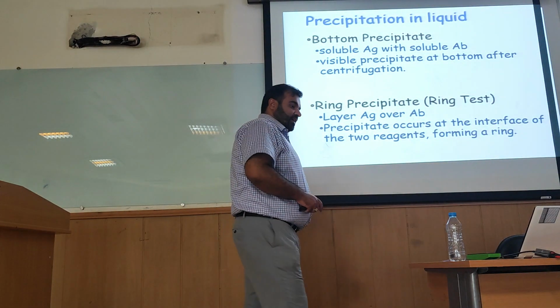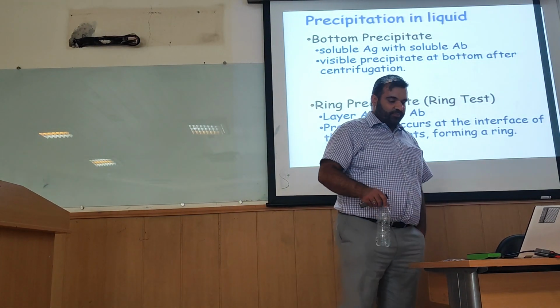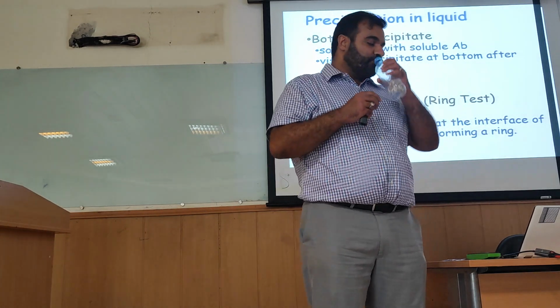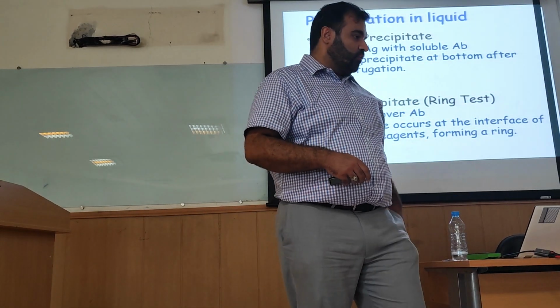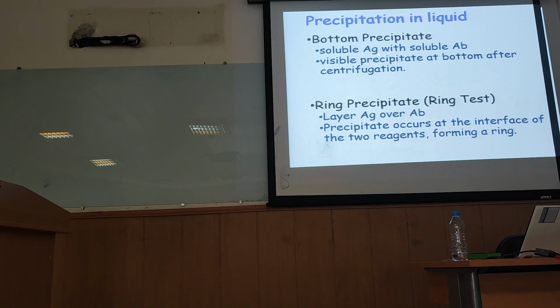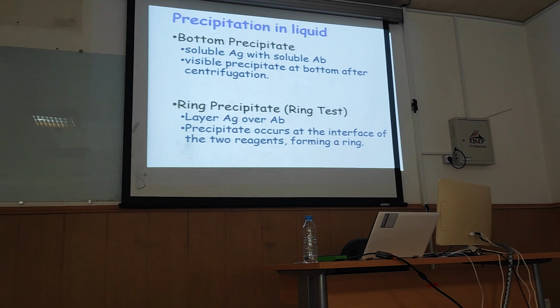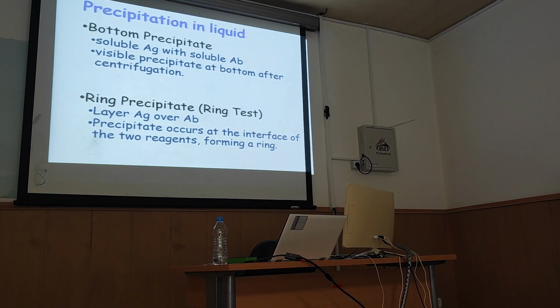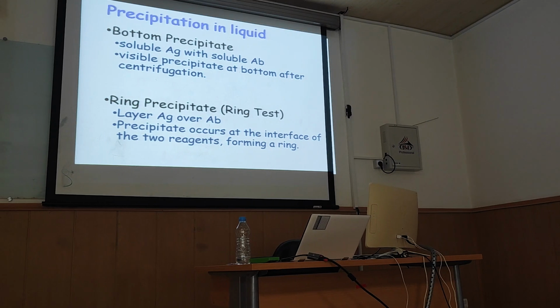Right, the test that you'll be doing in your practical is more this, immunoprecipitation. So one of them for immunoprecipitation is when we have a soluble antigen and soluble antibody, both soluble. Antibody usually is soluble because it's secretory.